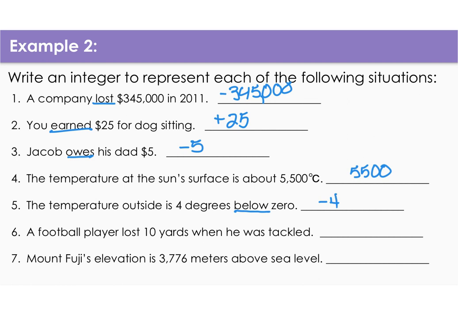A football player lost 10 yards. So that would be negative 10. Mount Fuji's elevation is 3,776 meters above sea level. So that is a positive.